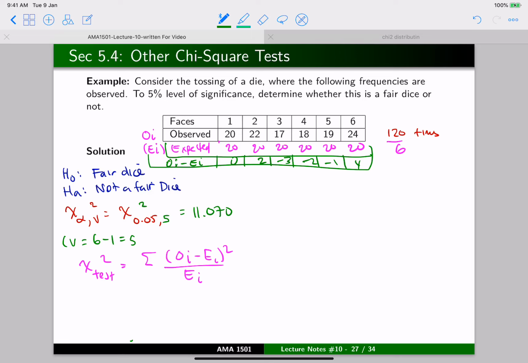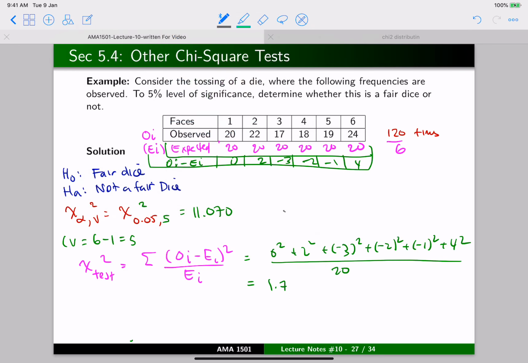Basically you're summing all these: 0 squared plus 2 squared plus minus 3 squared plus minus 2 squared plus minus 1 squared plus 4 squared, divided by E_i. All the E_i's are the same, which is 20. So this is 4 plus 9. You don't need to do the arithmetic. In fact, this would be 1.7.